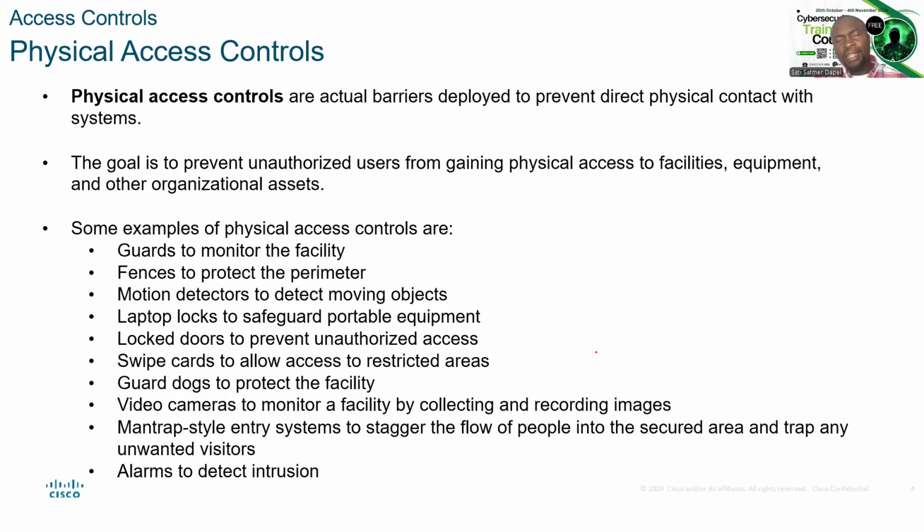Now, for us to get access control protected, there are what we call physical access control and logical access control. The physical access control includes the physical things that create a barrier or prevent people from having direct access to a particular system, or direct access to the server room, the switch room, the network room, or wherever your facility is located.